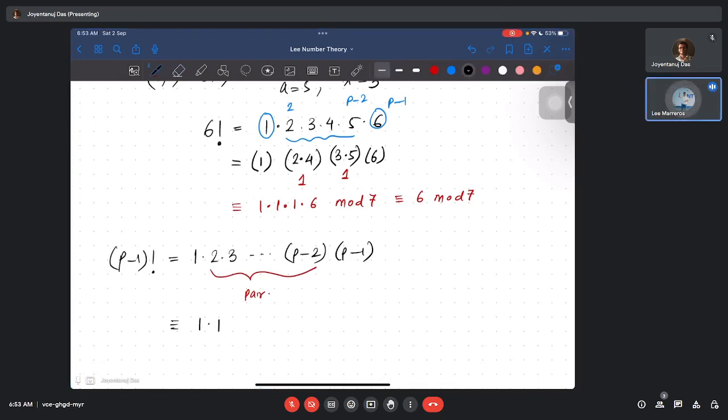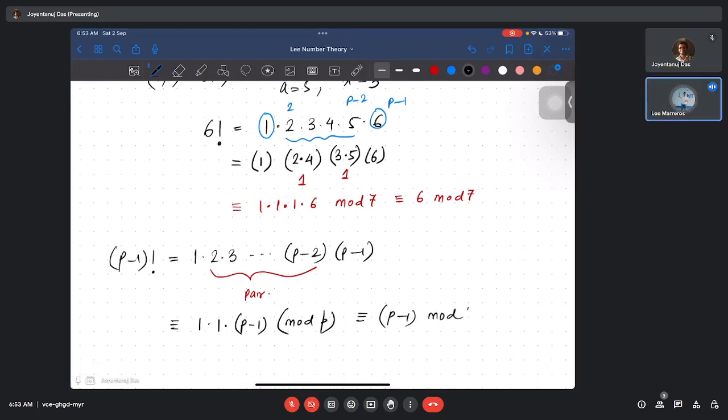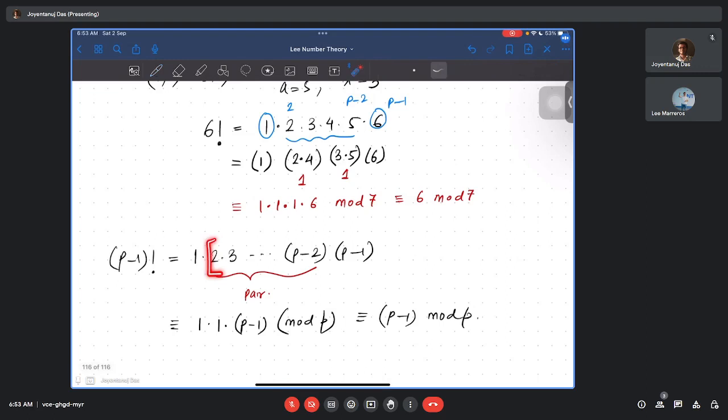All of them are going to be 1 modulo p. So now we are left with just p minus 1 mod p. So this is the only observation we have: between 2 and p minus 2, I can always pair up the numbers such that their product is 1.